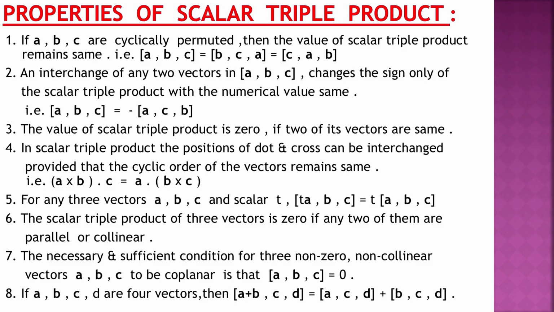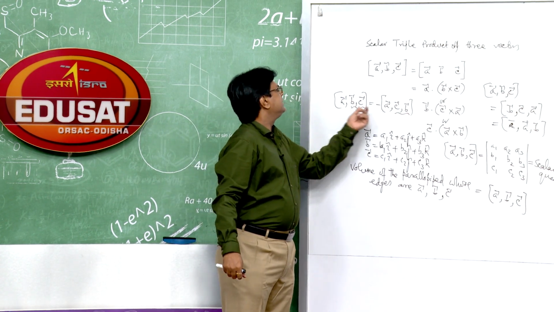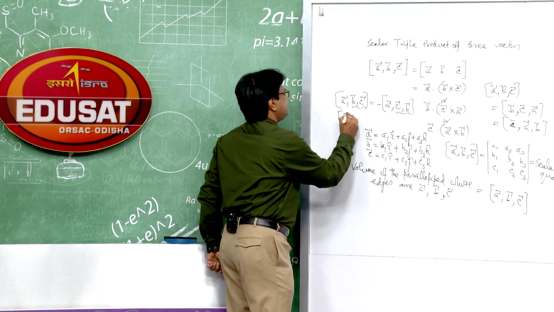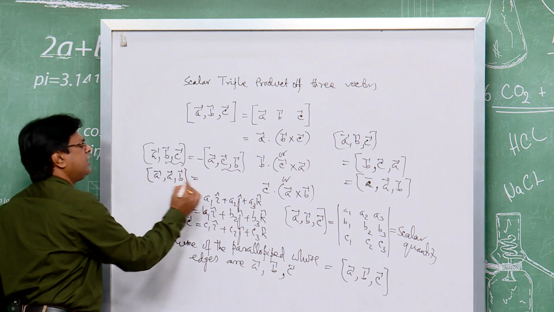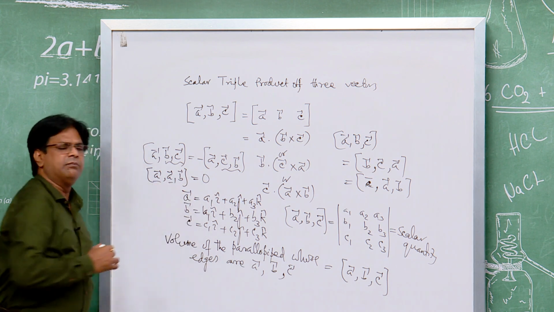Then the value of the scalar triple product is 0 if two of its vectors are the same. Suppose A, A, B: if you want to find the scalar triple product, it is equal to 0, because these two vectors are the same.